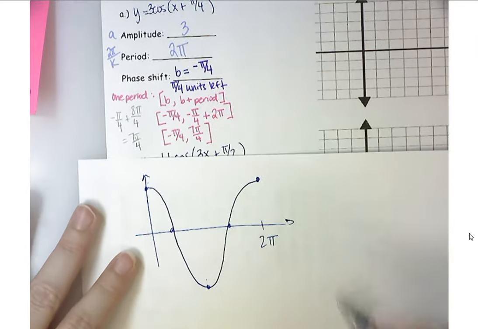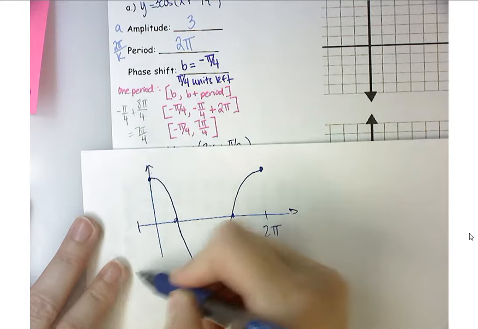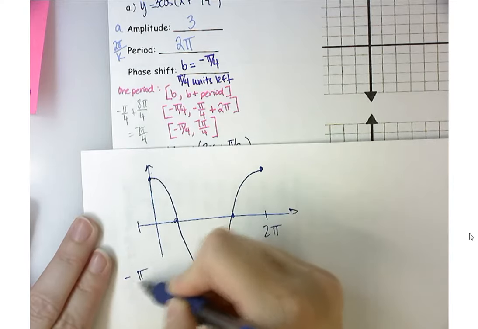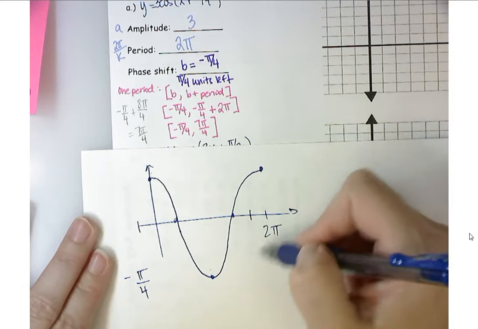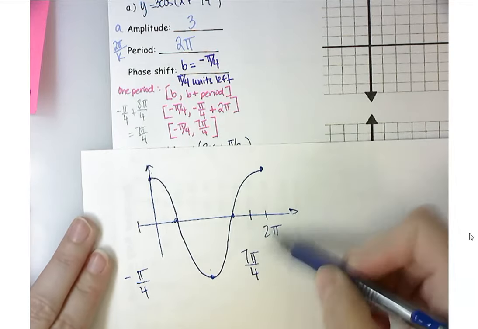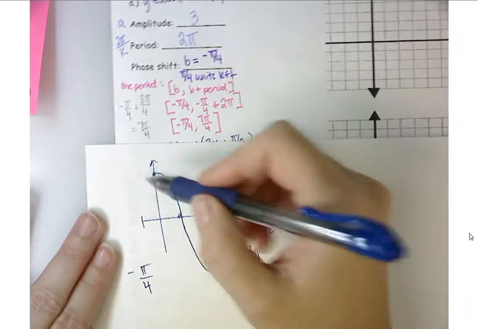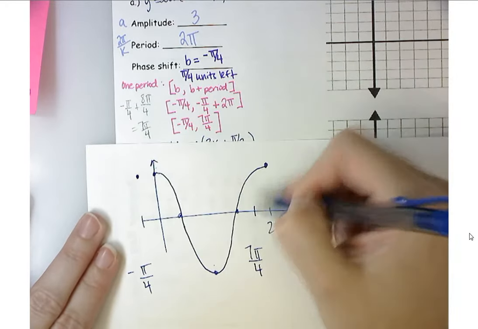Now if you're shifting this graph over negative pi over 4, you have to shift this over negative pi over 4, which is really just a quarter, right? So you're subtracting the quarter. So now your graph would start here and end here.